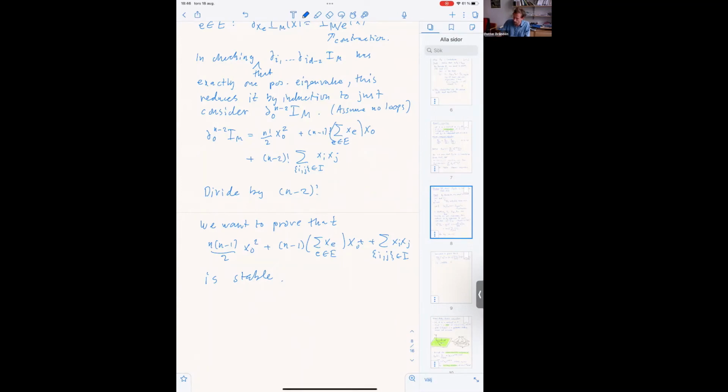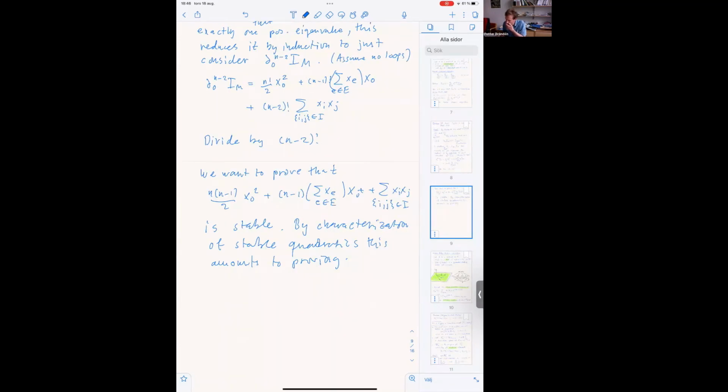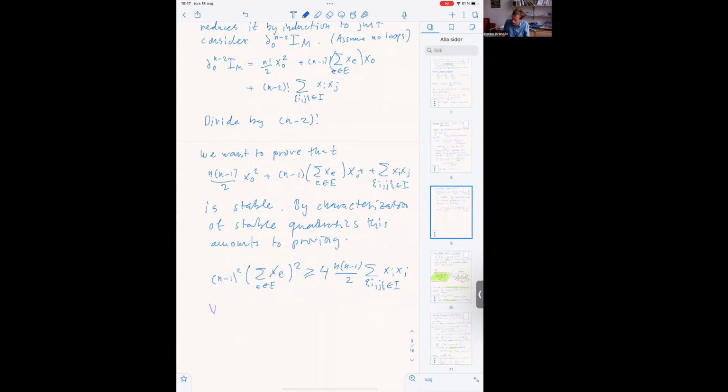So by this characterization of stable quadratics, this amounts to proving that the discriminant here, which is then (n minus 1) squared, is greater than 4 times (n minus 1) over 2 times this. And this should hold for all x in R.